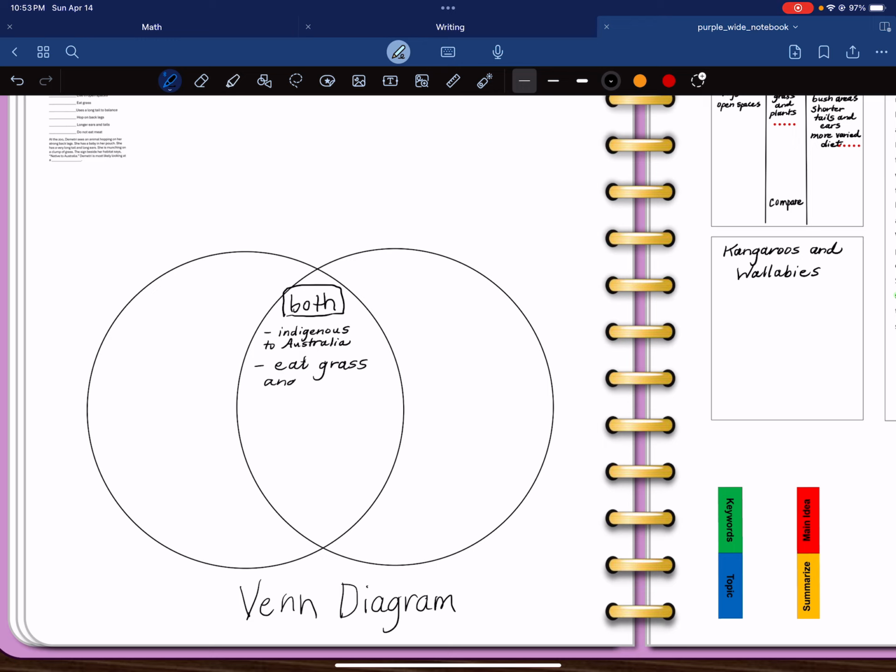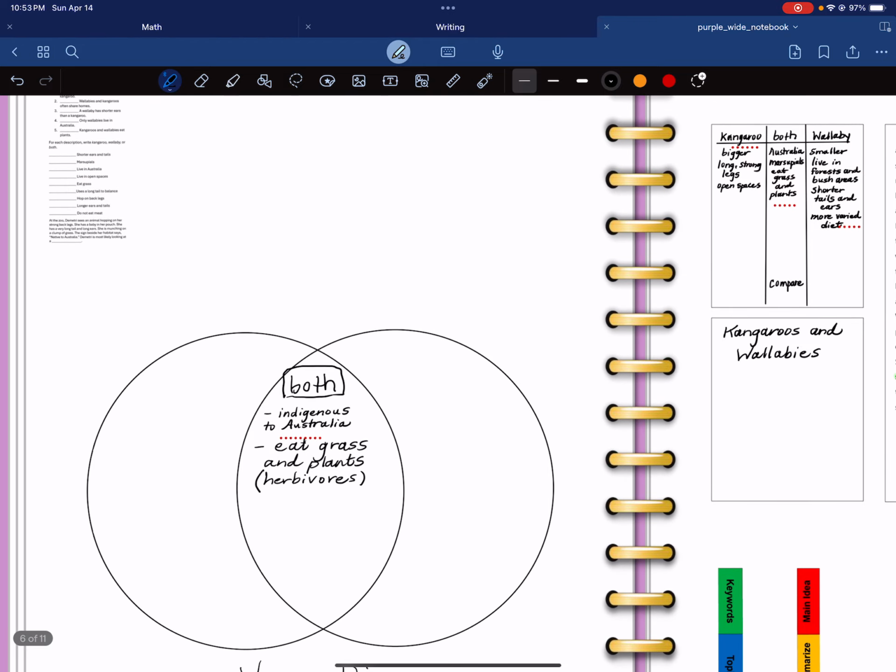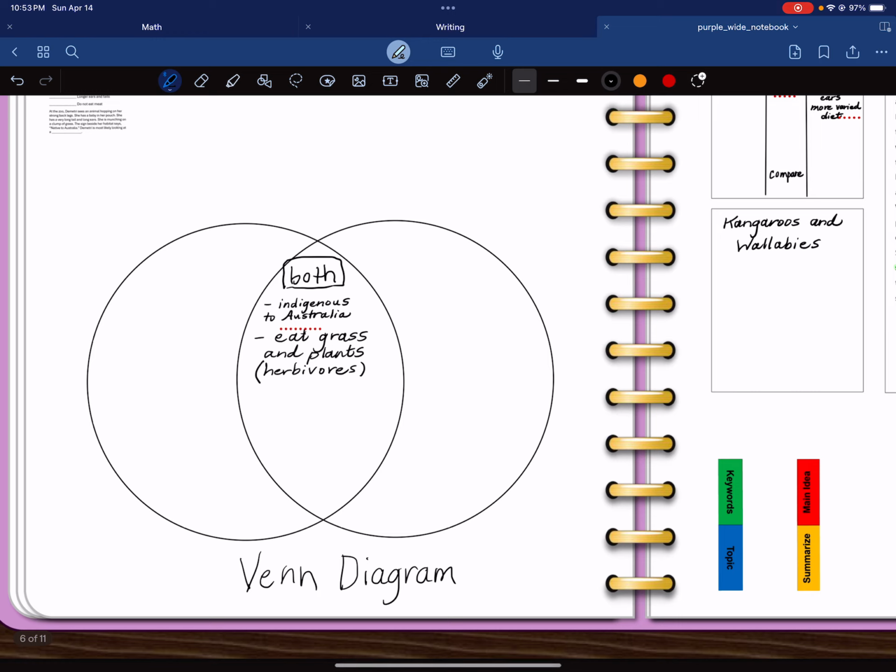They do not eat meat. And if you want to use the word herbivore, that is true for both the wallaby and the kangaroo. And the other thing that's true is they are both marsupials.